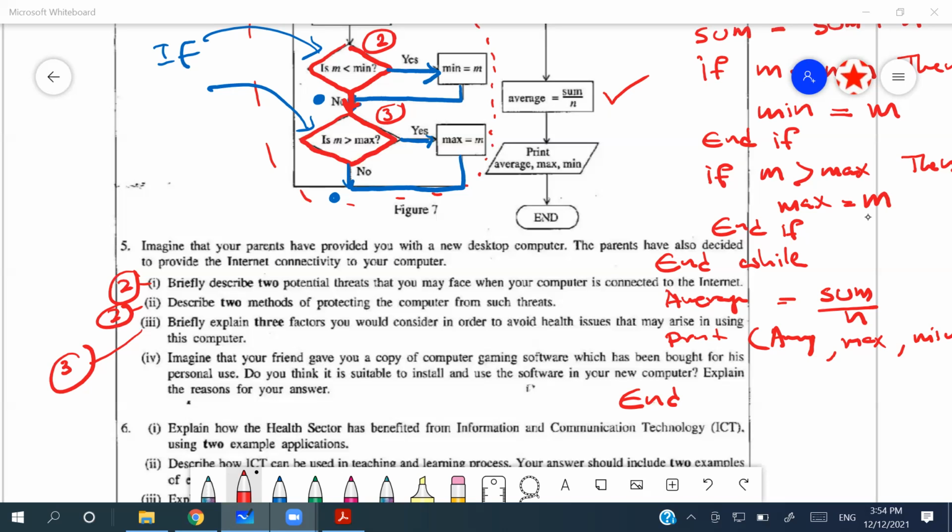On the other hand, if the software is free and open source, then of course nothing will happen. Anyway, if you explain it correctly, you will be given 3 marks.